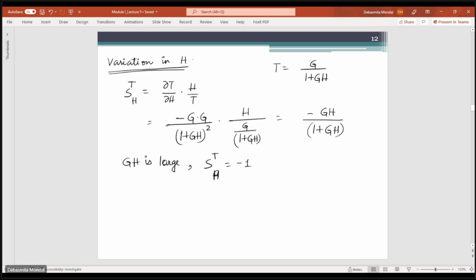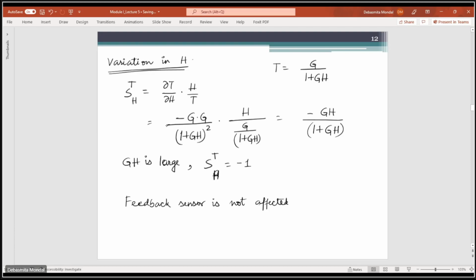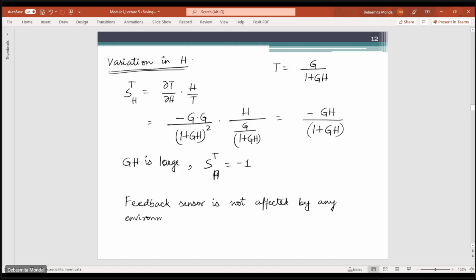So we have to make sure that the feedback sensor is not affected significantly by any kind of environmental changes, because if there is any change in the feedback element, that will directly affect the output of my system.